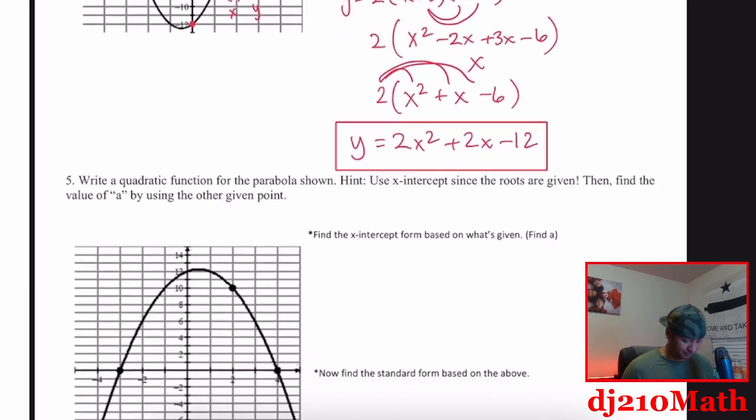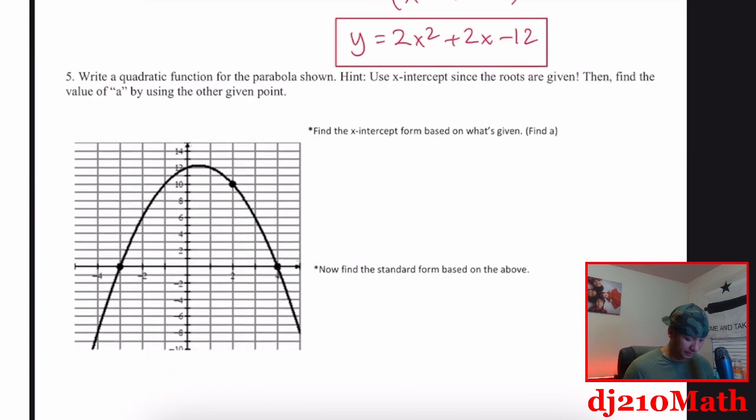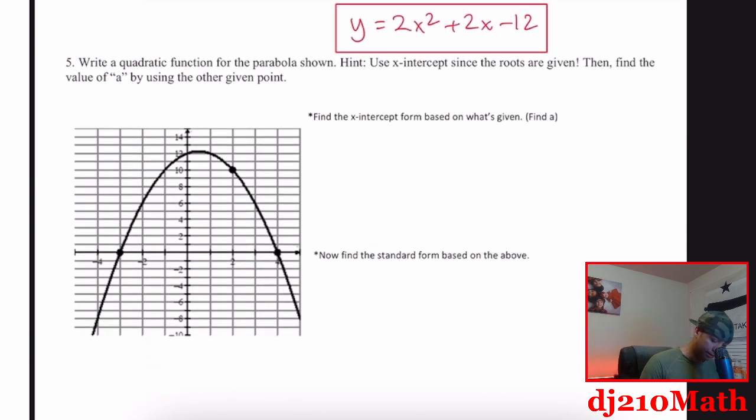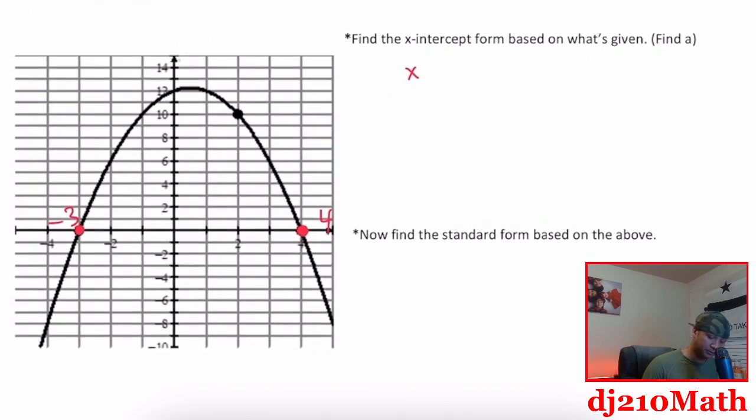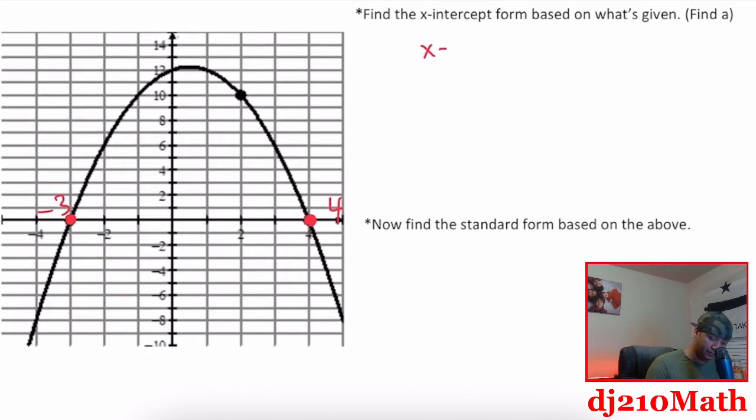All right, last one. Same idea. X-intercepts are known: positive 4, negative 3. So x is equal to negative 3, x is equal to positive 4. Take the opposite of those: (x plus 3), (x minus 4).